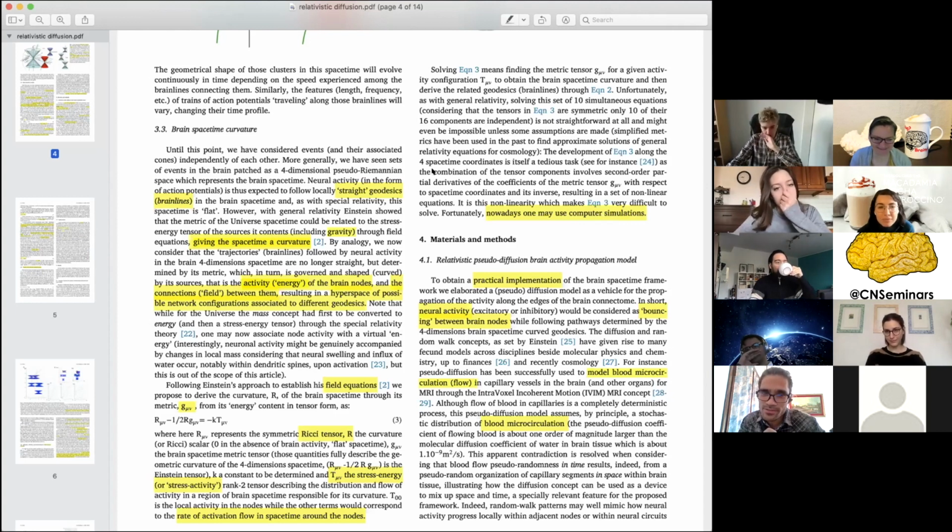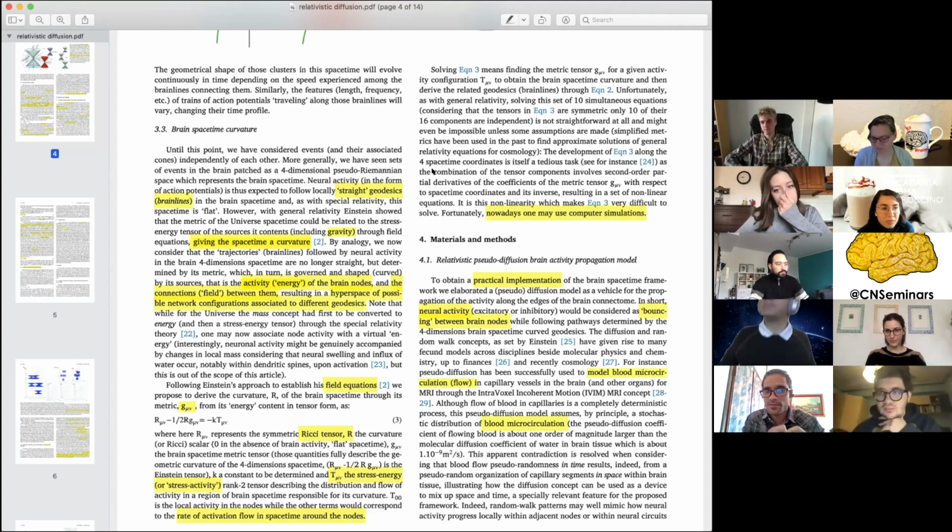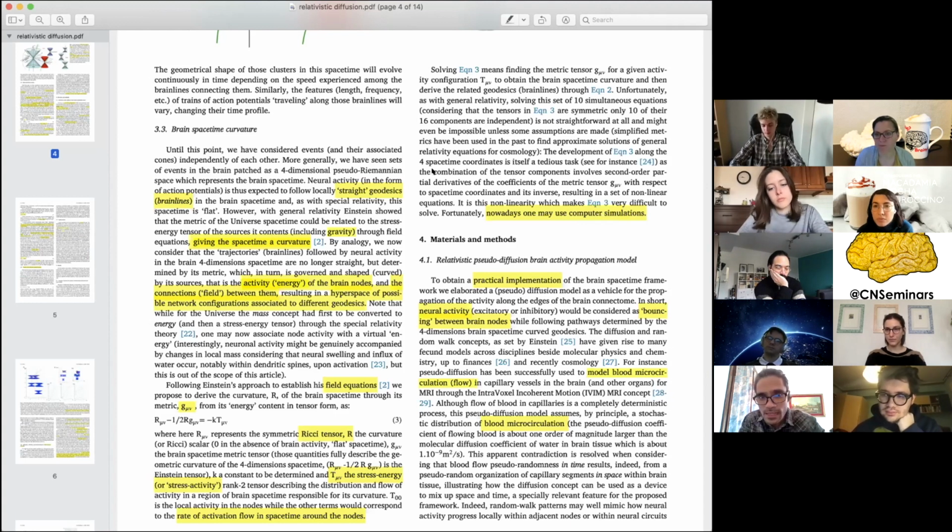My question was about space-time being a mathematical construct in physics, so how it would be translated to a physical construct in the brain in terms of connectomes.